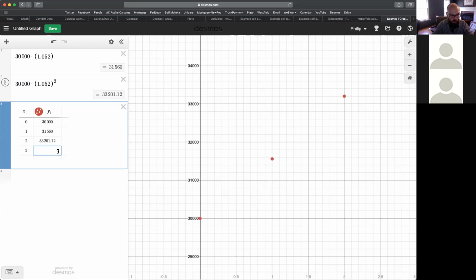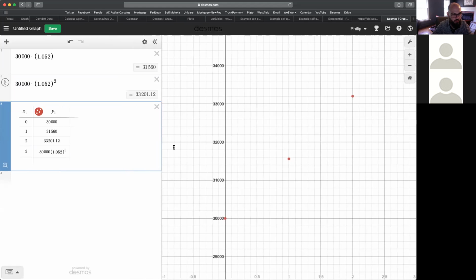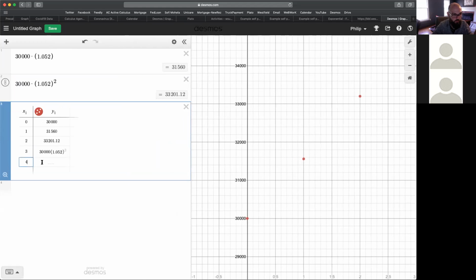So for the third one, we should see that our formula is 30,000 times 1.052 cubed. Okay. And then for the fourth, we'd have 30,000 times 1.052 to the fourth.